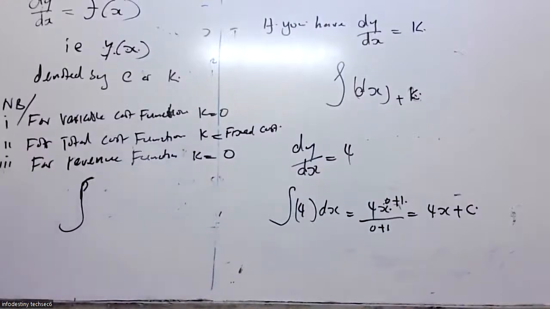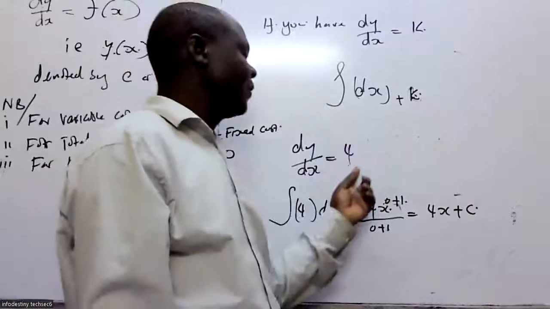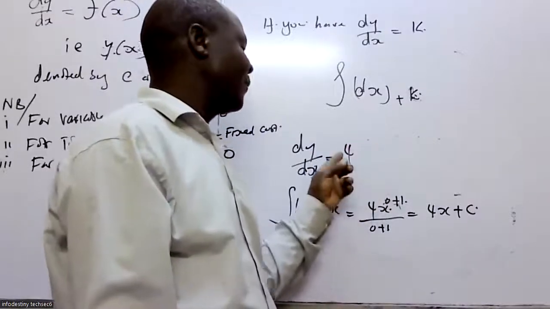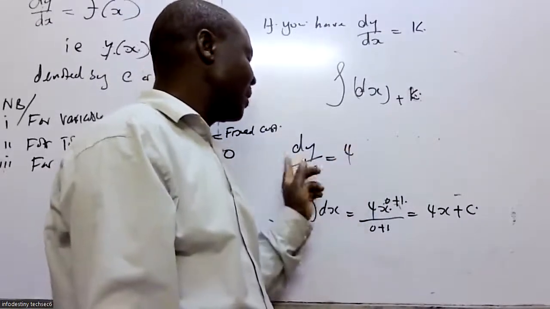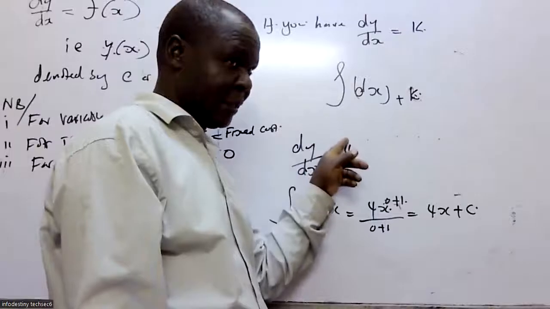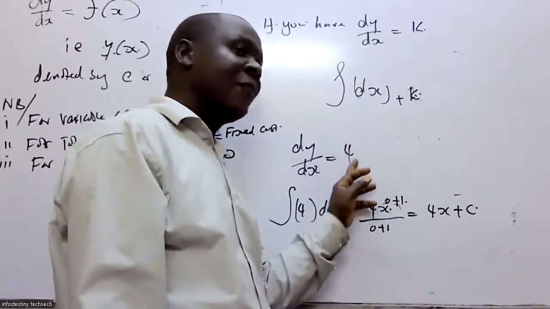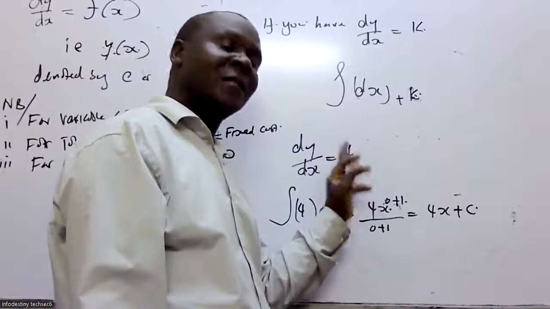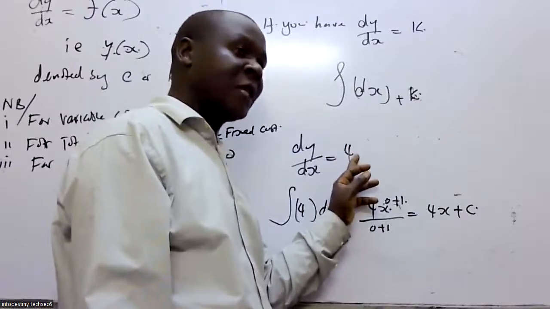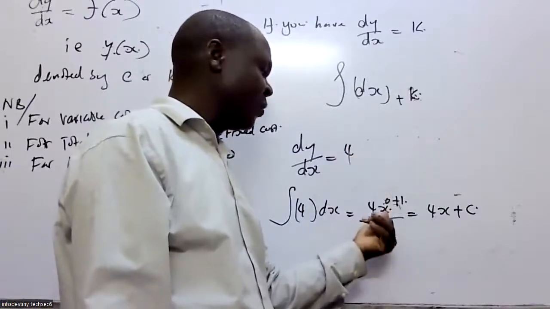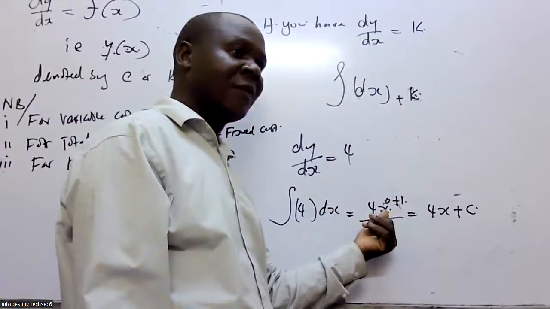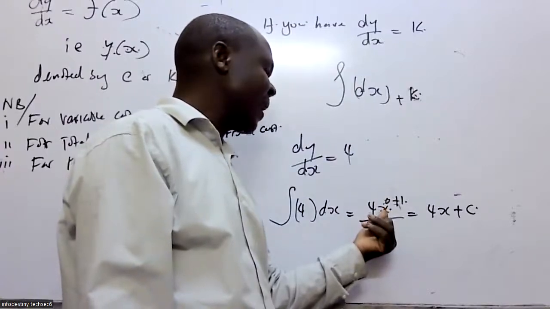The reason why we are adding 0 plus 1 is because this has already been differentiated. So we have to integrate, which means there was a certain value here which we must include now. That's why we are including x.